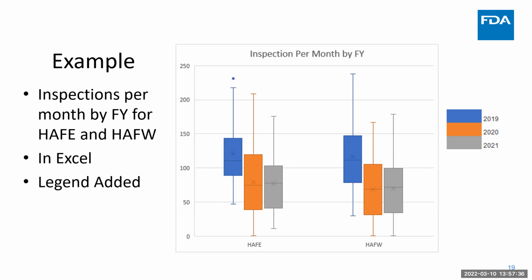If there is no overlap between a pair of boxes, there's a pretty good chance that it's statistically significant. It probably is.